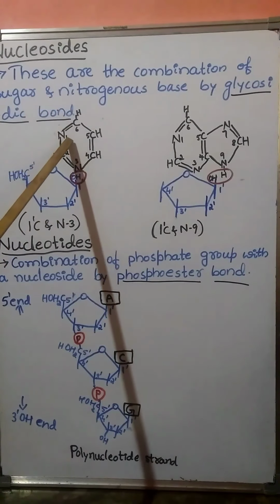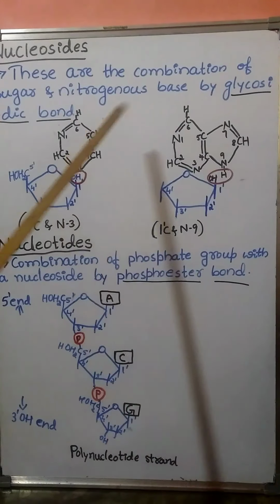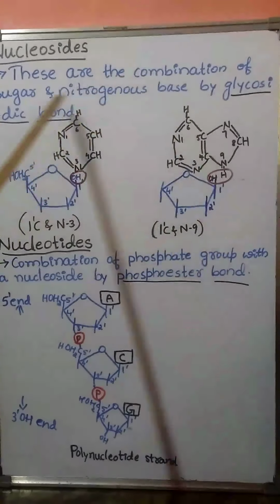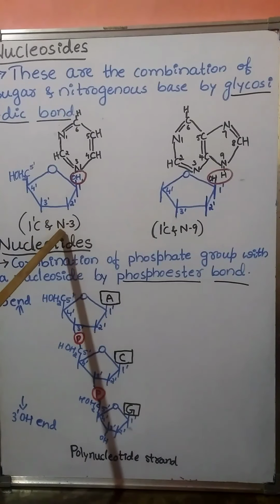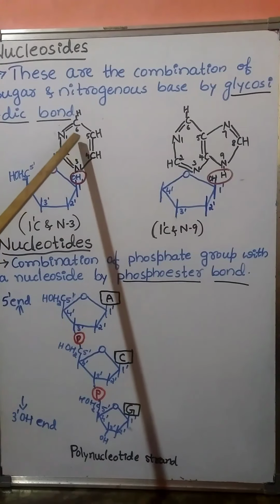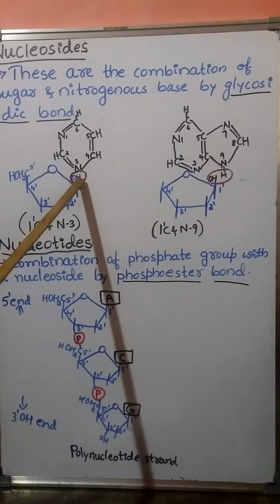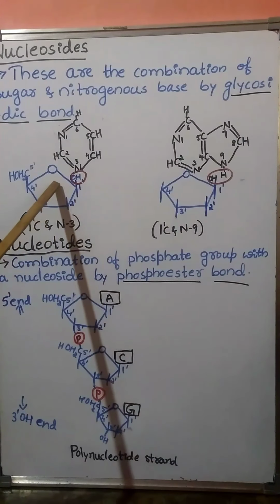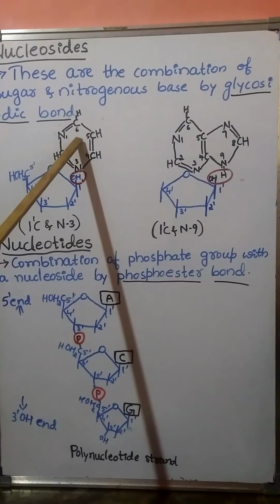Always a pyrimidine such as cytosine and thymine attaches to the pentose sugar by forming a glycosidic bond between the 1' carbon of the pentose sugar and N3, the nitrogen at the third position of the pyrimidine.